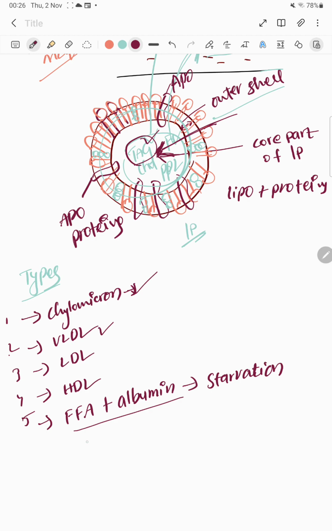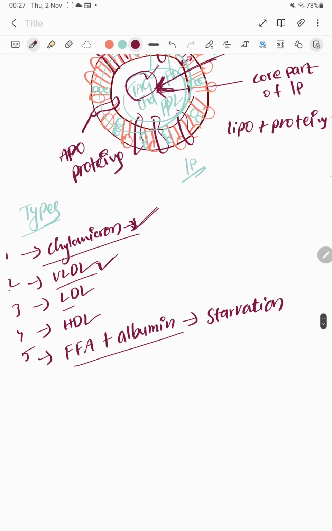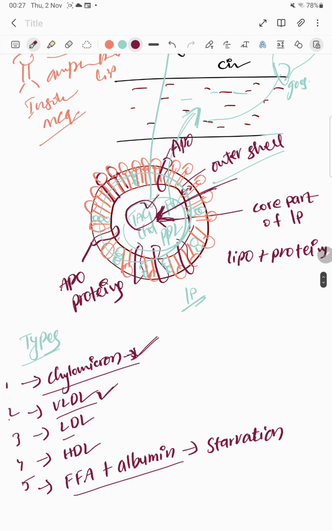All these individual lipoprotein metabolisms, chylomicron, VLDL, LDL, HDL, we will discuss in later videos. See, whatever lipoprotein it is, this whole lipoprotein is made in 2 places in our body.